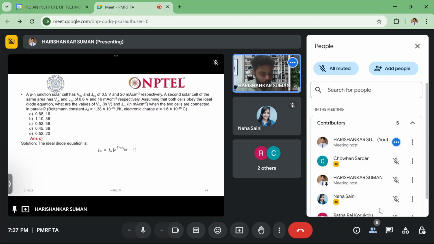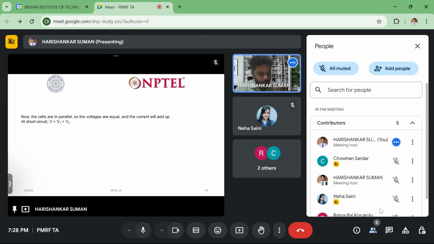Okay, so we know the ideal diode equation. They are connected in parallel, so voltages are equal and currents will be added. This is the condition. So apply this condition according to the given values.